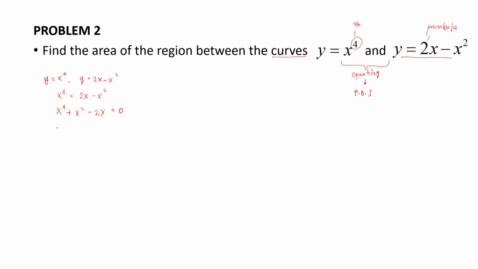So you can try to factor out x. So you're going to have x cubed plus x minus 2 equals 0.